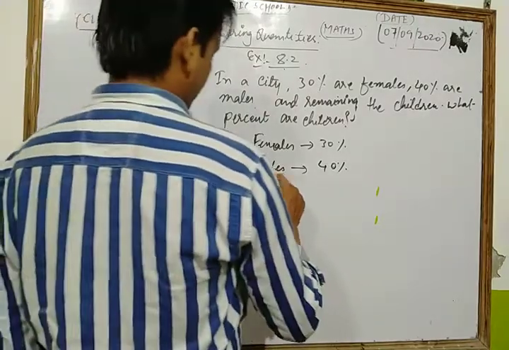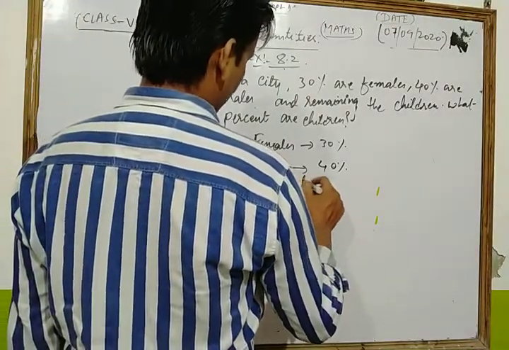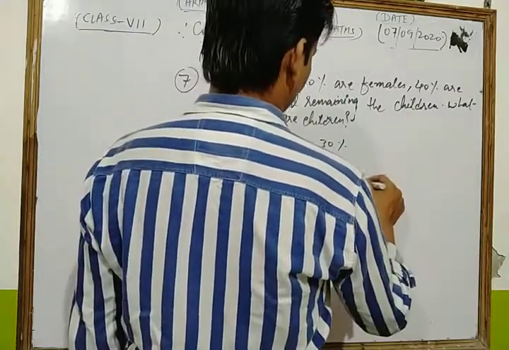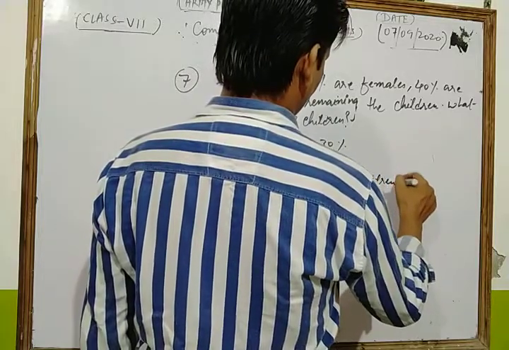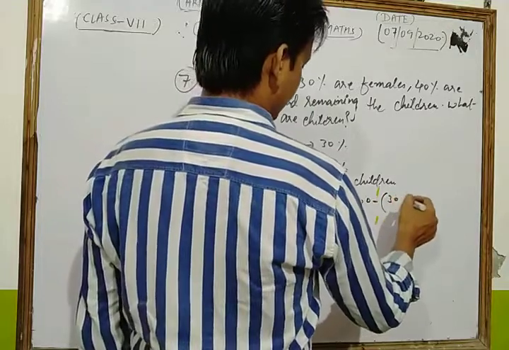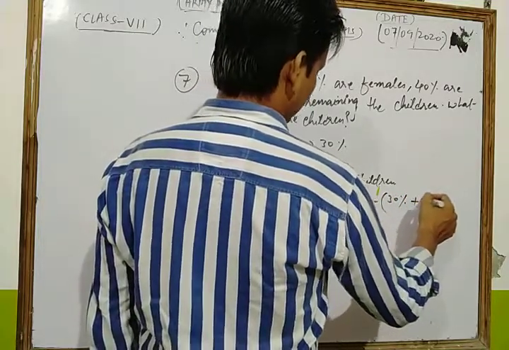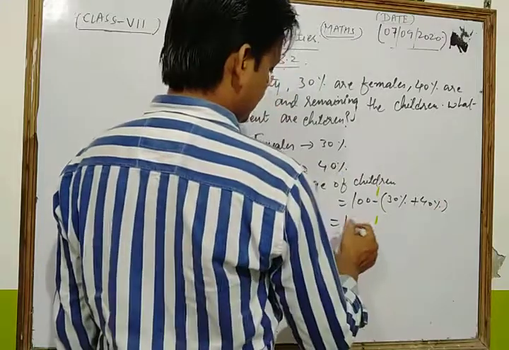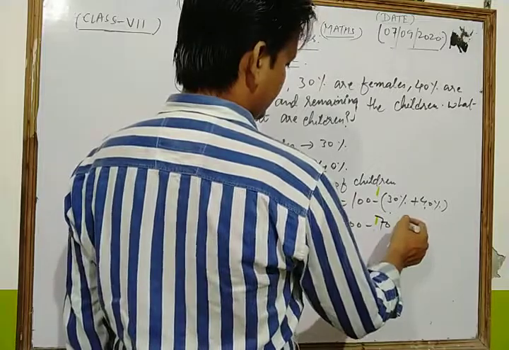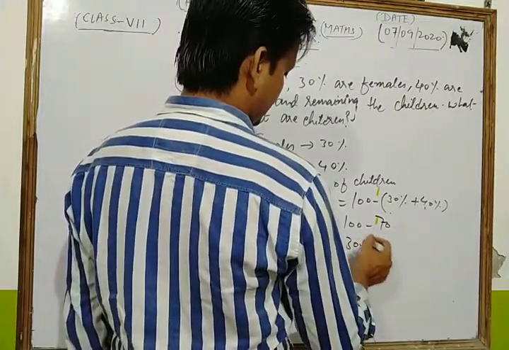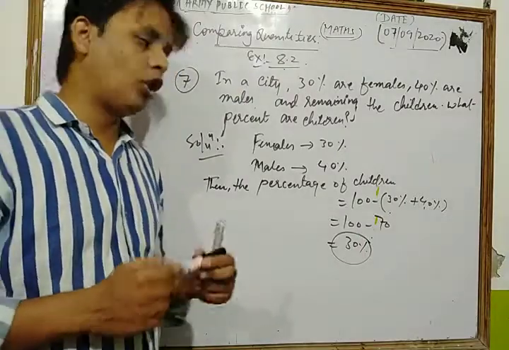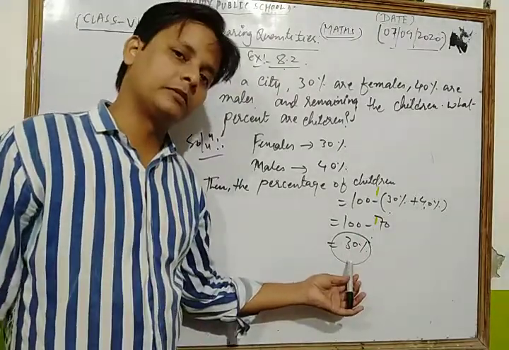Then the percentage of children is 100 minus 30% plus 40%, means 100 minus 70, which is 30%. So in this way, dear students, in that city, the percent of children is 30%.